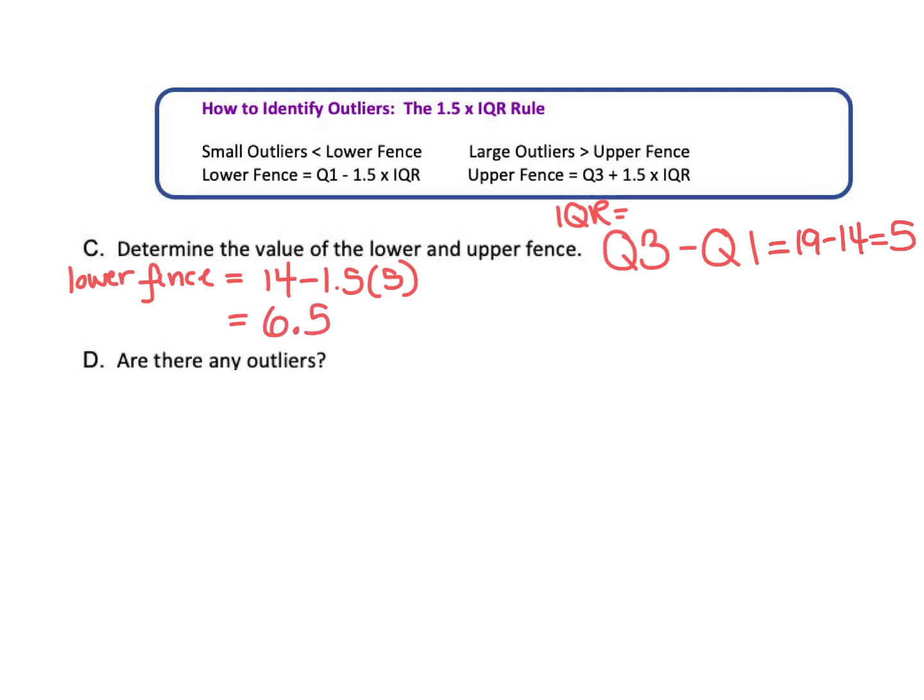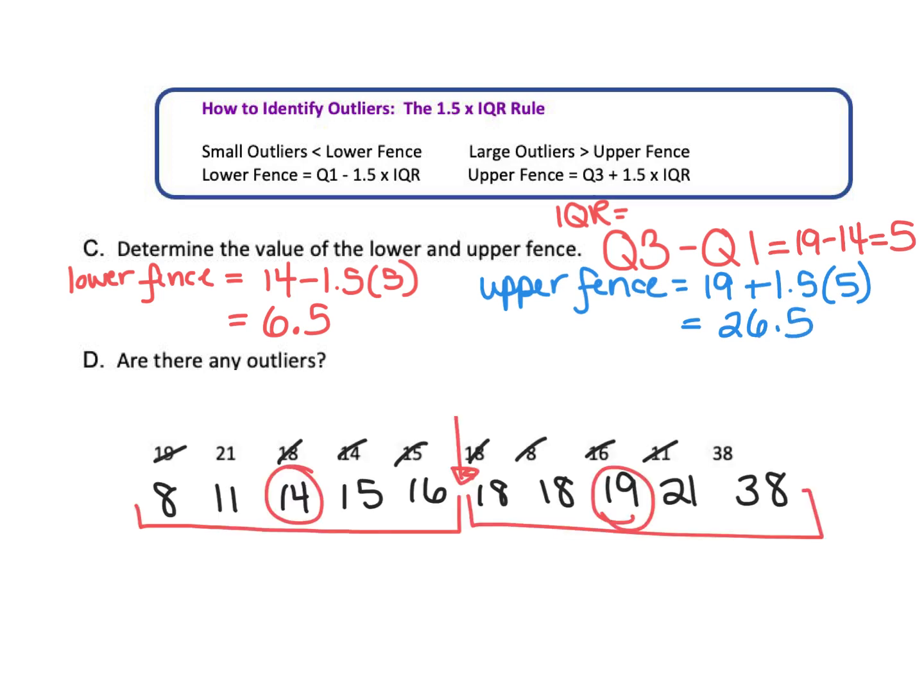So our lower fence is 6.5. So anything smaller than 6.5 is an outlier. Our upper fence would be equal to take quartile 3, which is 19, and add on 1.5 times the interquartile range, which if I do that, that's going to be 26.5. So anything bigger than that is an outlier.